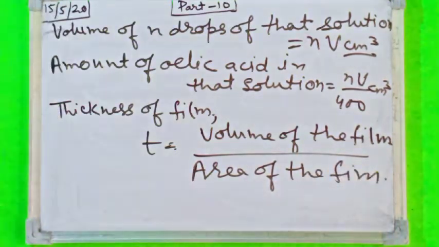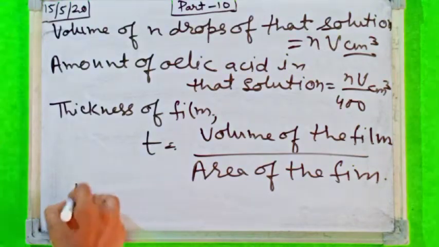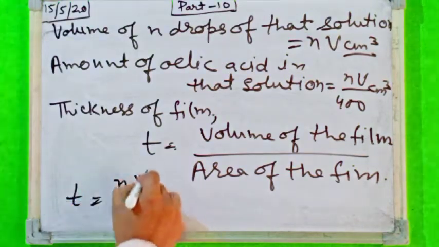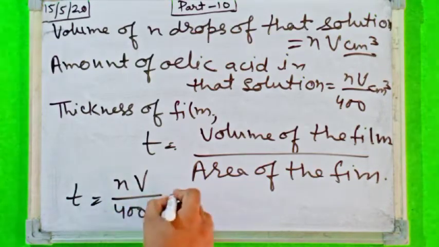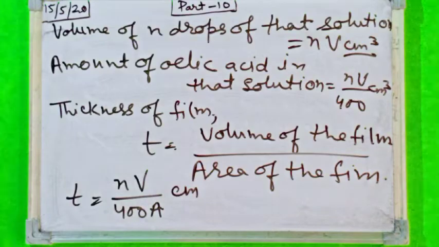Suppose the area is A, and the volume we calculated is nV upon 400 centimeter cube. So it will be nV upon 400 A centimeter.